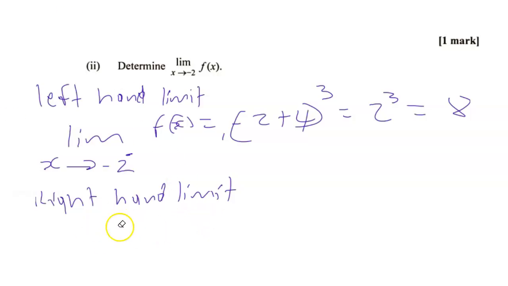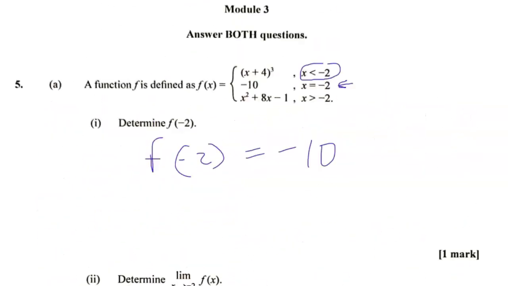So it's a limit as x approaches negative 2 from the right. So if we look at the function from the right, meaning x is greater than negative 2, that's the right-hand limit, replacing x with negative 2.